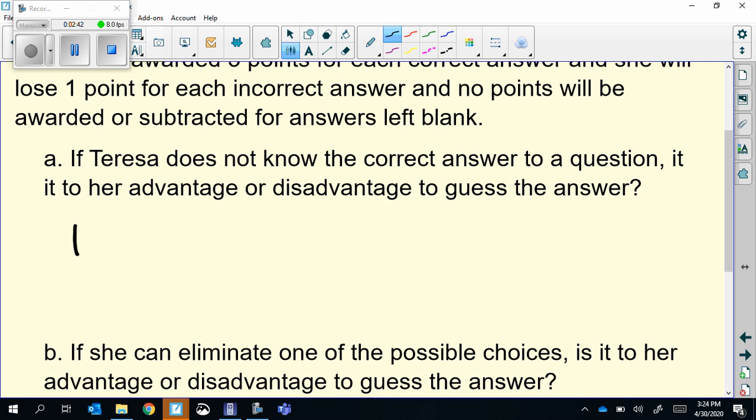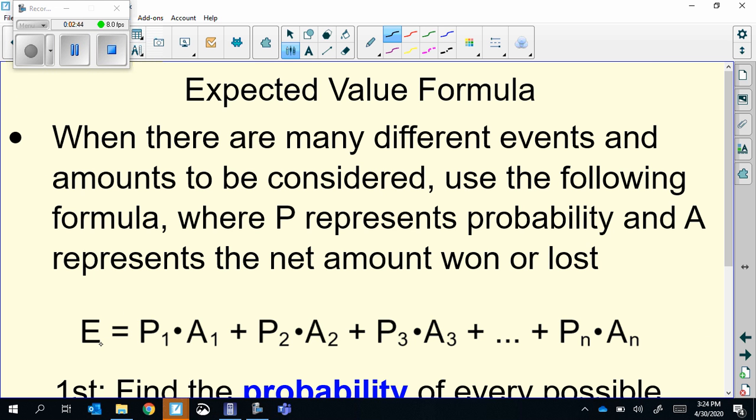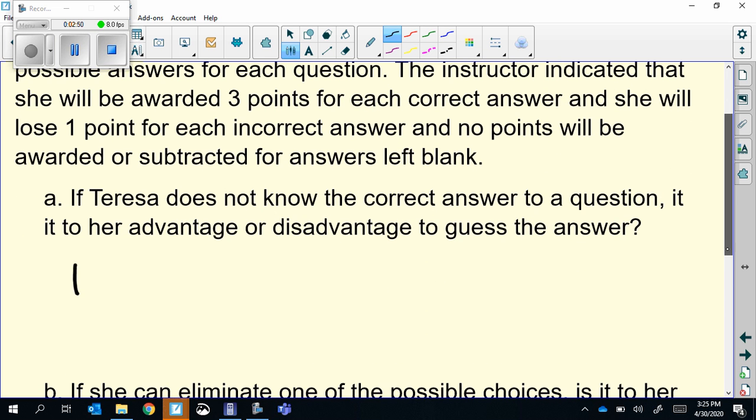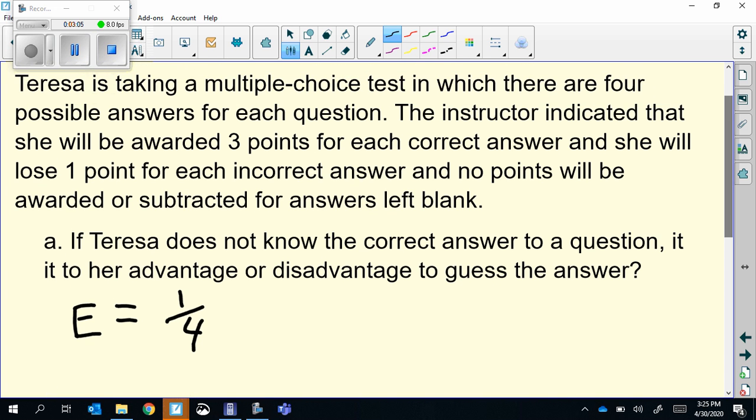Remember, our equation was E equals P times A over and over again, where P is the probability and A is the amount gained or lost. So the probability of getting it correct is 1 out of 4 if she's guessing, because there are 4 possible answers for each question.